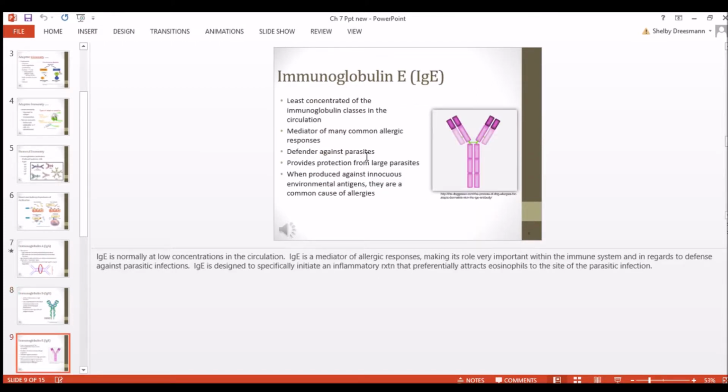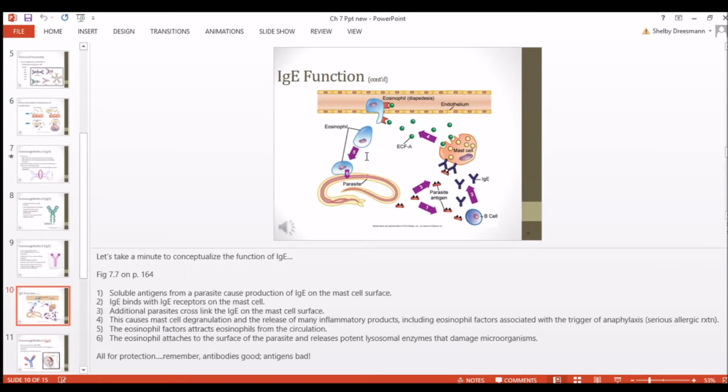IgE, so think eosinophil, mast cells, parasites, allergies. It's in low concentrations and it's the mediator of allergic responses. It fights against parasitic infections as well and initiates inflammatory responses. And the eosinophils attack the site of parasitic infections.